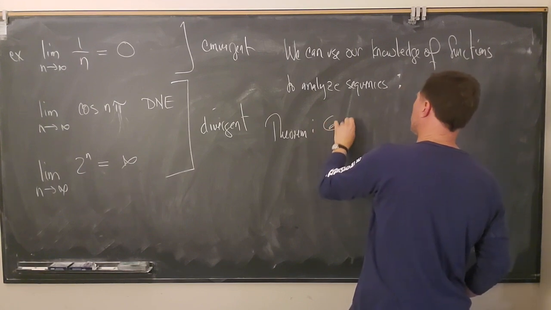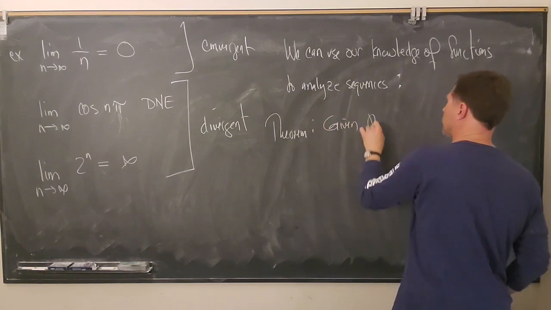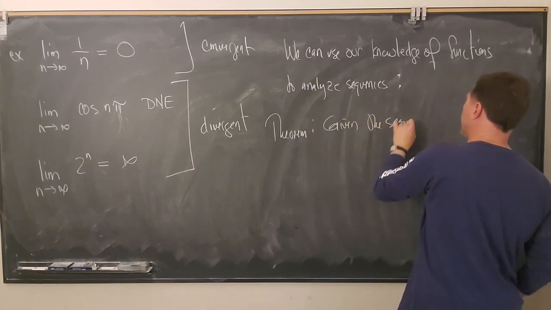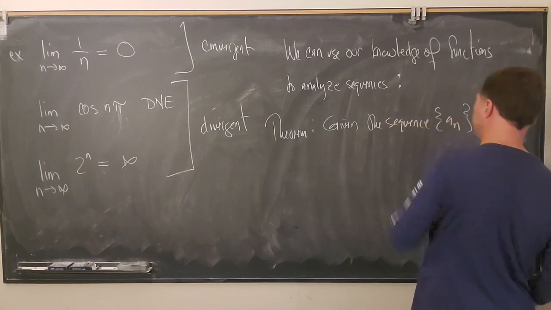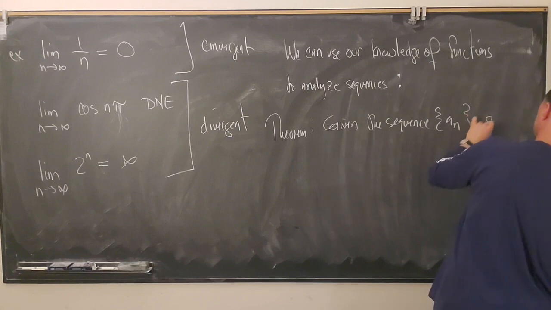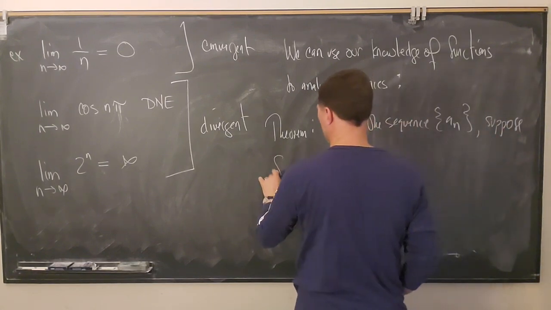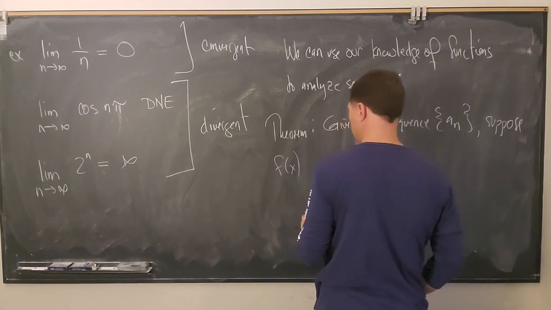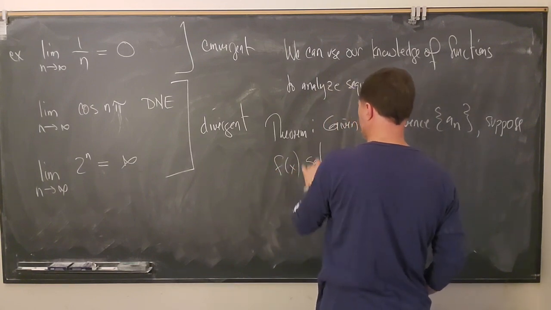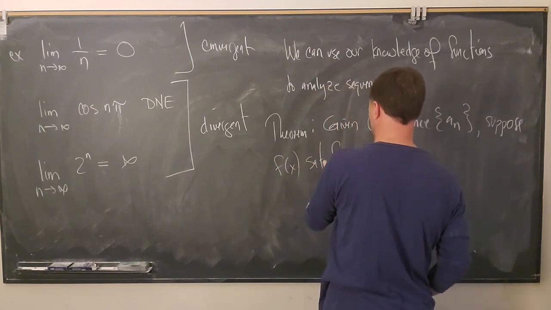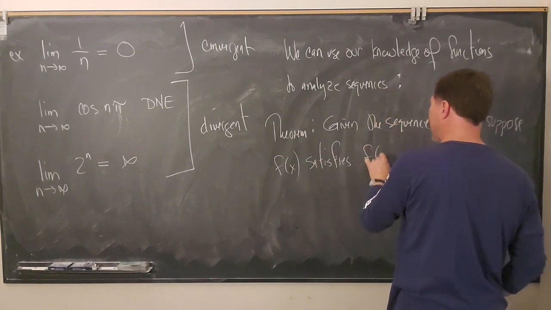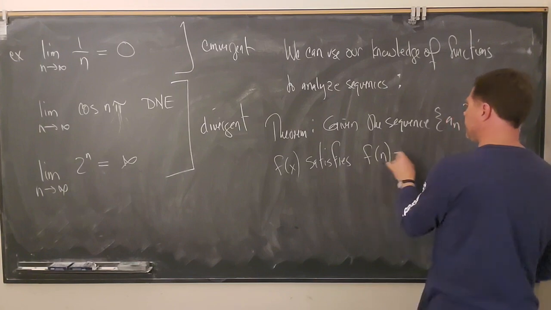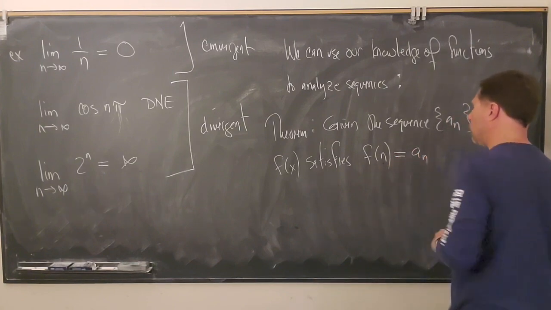Given the sequence a sub n, suppose that we have a function f of x that satisfies the following property: f of n, every time we plug an integer in, we get a sub n.